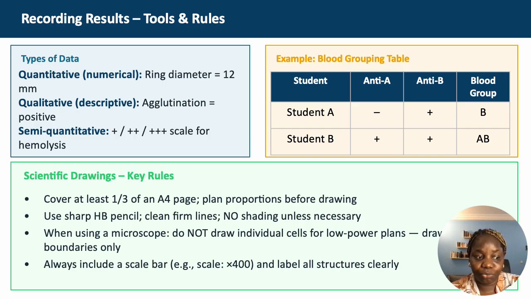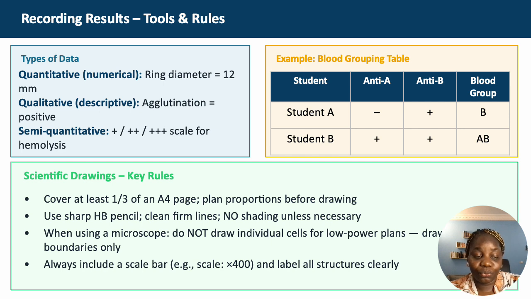Don't start drawing tables and have the end of the table on another page. Make sure everything fits on one page. Also use a sharp HB pencil if you have to draw or sketch your result, so you can draw clean and firm lines, with no shading unless necessary.